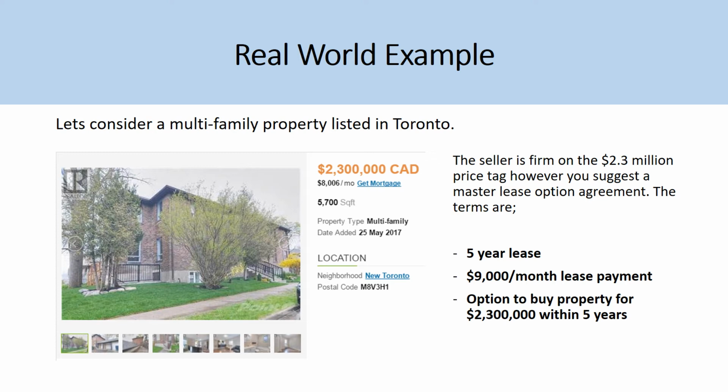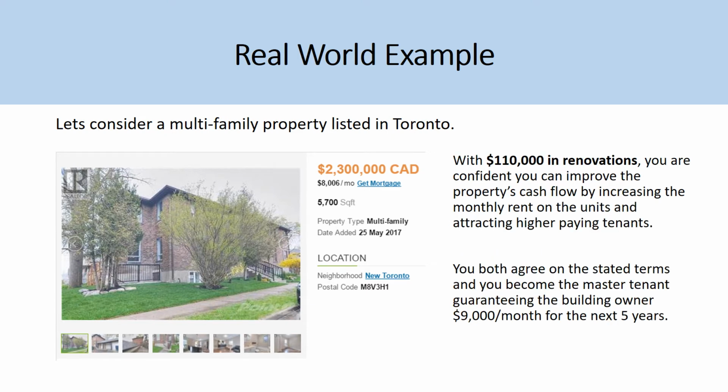In addition, I set up an option in this agreement to buy the property in the next 5 years for the current asking price of $2.3 million. Now, with about $110,000 in renovations, I'm confident that I can improve the property's cash flow by increasing the monthly rent on units and attracting higher paying tenants.